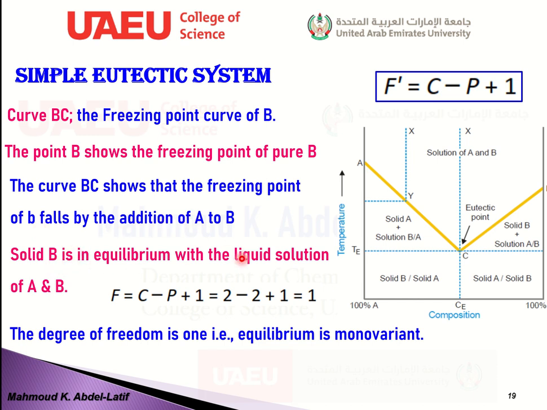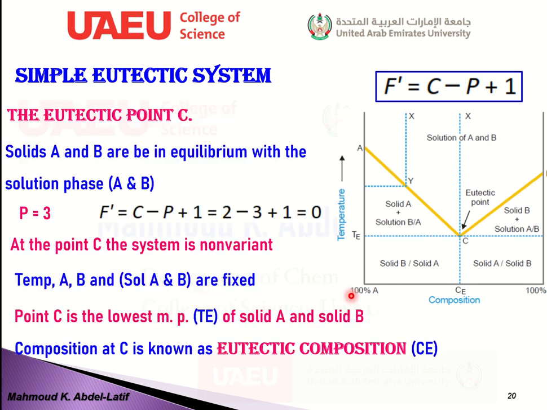Solid B is in equilibrium with the liquid solution of two components. So here it's equilibrium between B and the solution of A and B. If you apply the phase rule, it will be the same. You end up with a monovariant system, like the AC line.